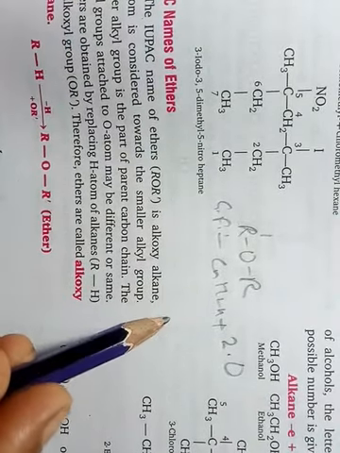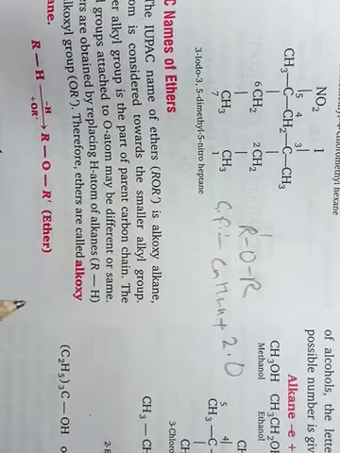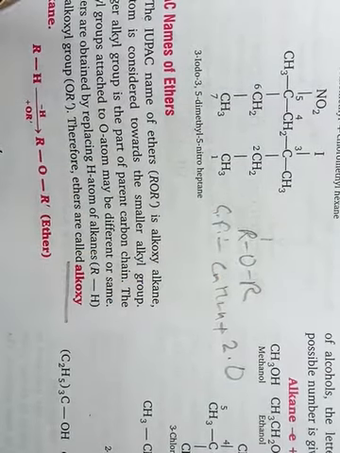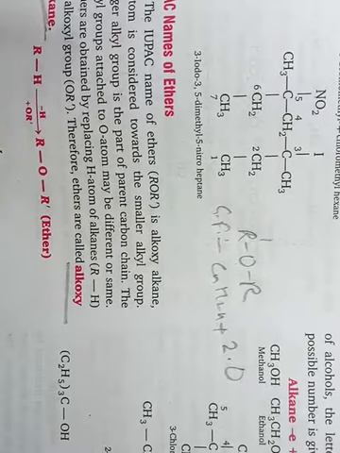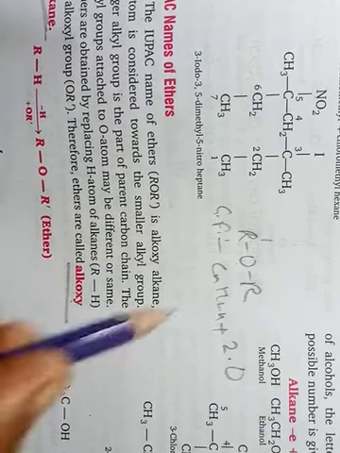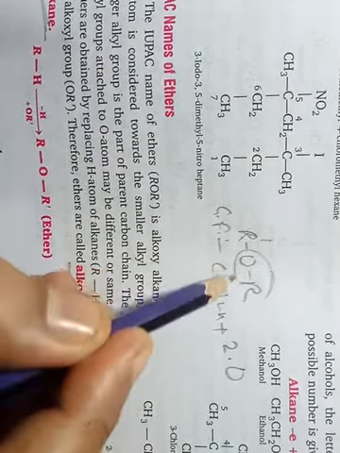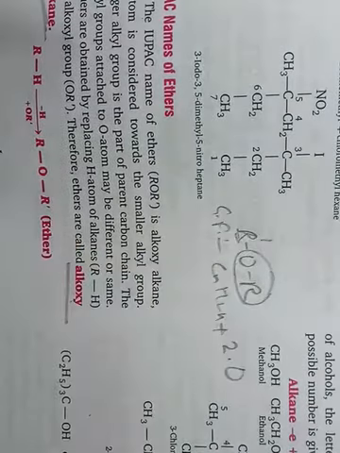Okay, and ethers are commonly known as alkoxyalkane. Alkoxyalkane. So this is the common name of ether, alkoxyalkane. So one will be this alkyl plus oxygen, alkoxy, and this will be alkane.